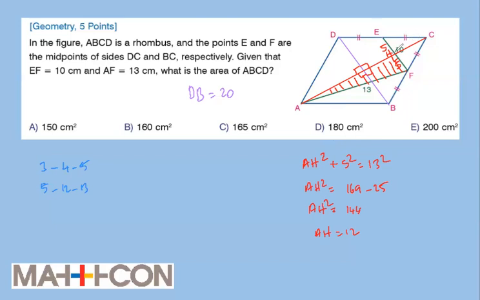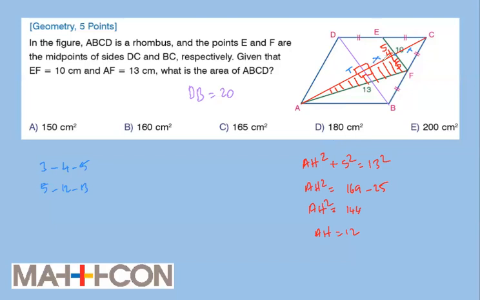I do know this point right here was the midpoint of this height. If I call this CH, X, then this other piece is also X, because this was the midpoint.